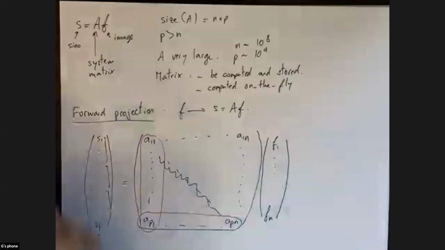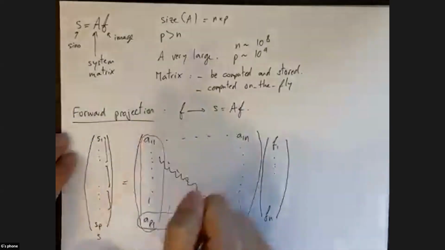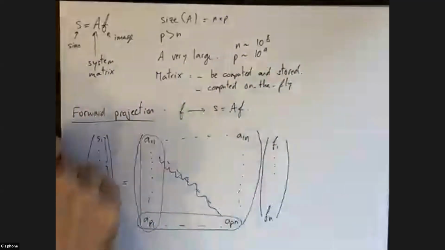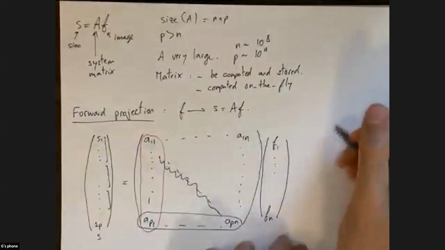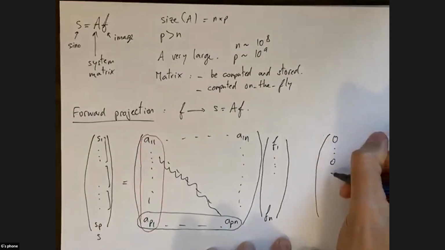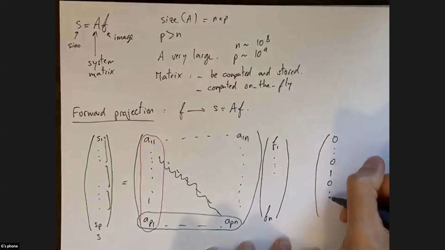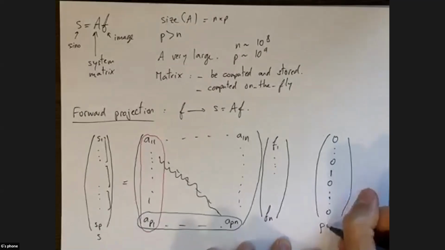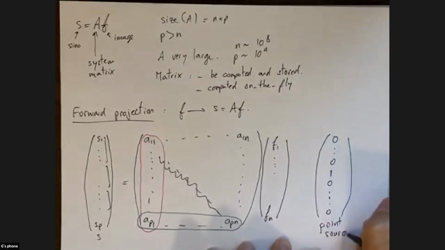So what do the columns of the matrix mean? If I put a point source as the image, a point source is an image that has a 1 and zeros everywhere else. It's called a point source because it's a single pixel that's non-zero.